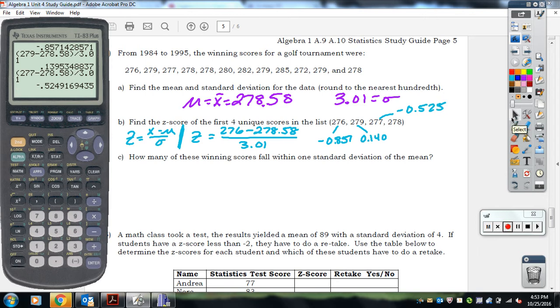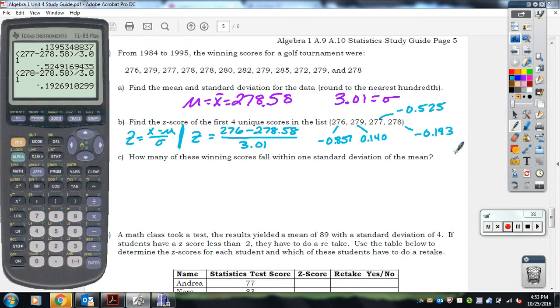And the last one is 278. So open parentheses 278 minus 278.58, it's going to be a very small number, divided by 3.01, negative 0.193. Negative 0.193.